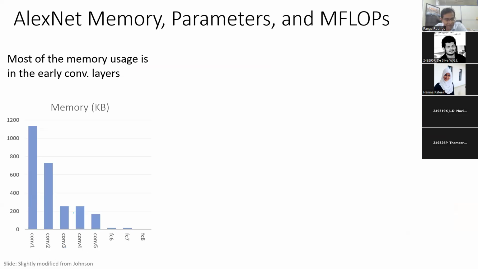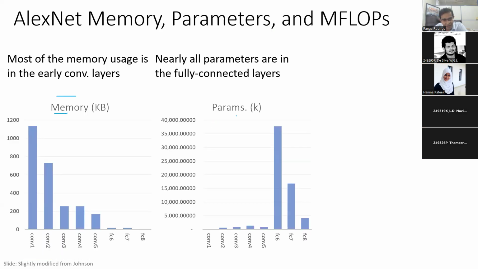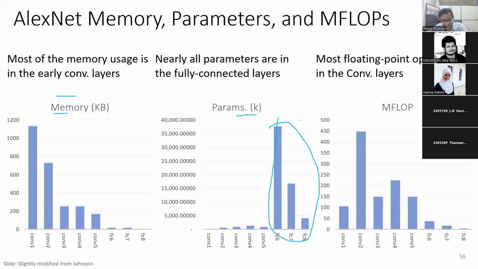So we did a brief examination of the amount of memory used. You saw that in initial layers, the amount of memory used was very high, for example, here. And number of parameters becomes high due to the fully connected layers. Number of mega floating point operations is high in the early convolution layers.